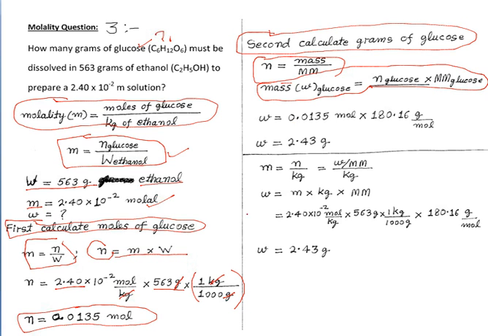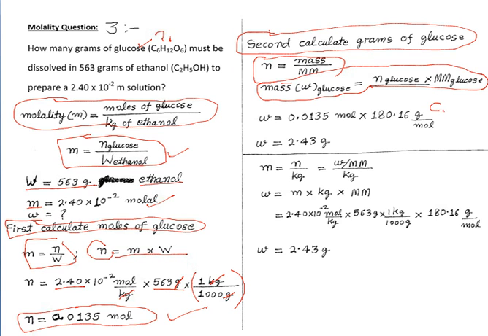We calculated the moles of glucose first, so we write 0.0135 mole, and then multiply by the molar mass of glucose, C6H12O6.